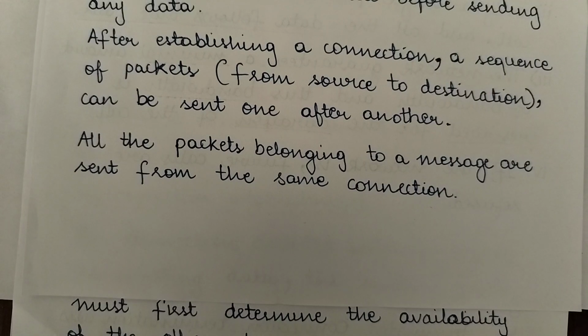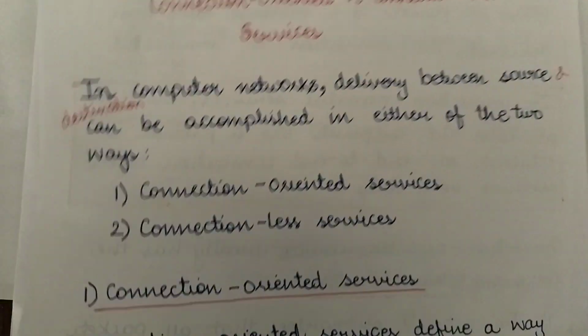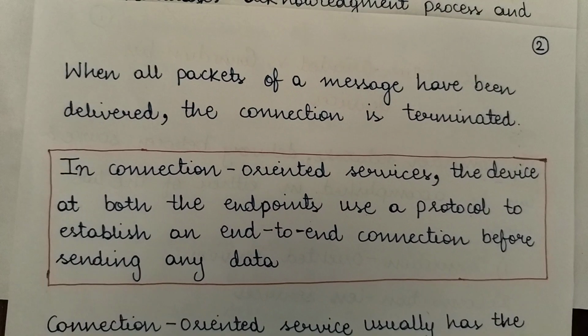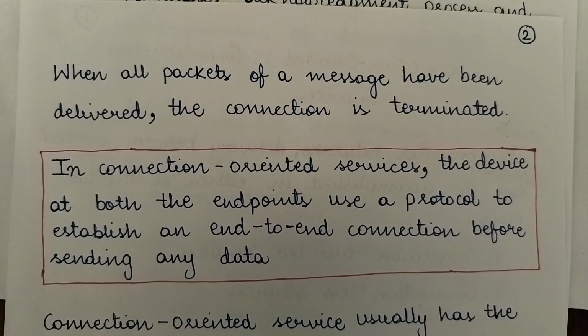You use a dedicated connection from the sender to the receiver, and for all the packets of that particular message, the same dedicated connection is used, and no packet can go through any other path. When all packets of a message have been delivered, the connection is terminated.